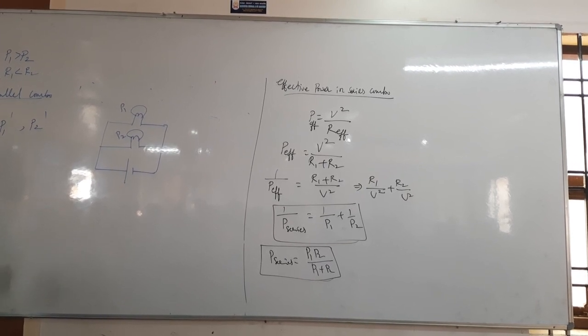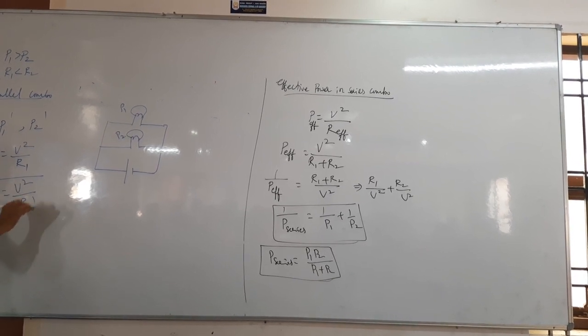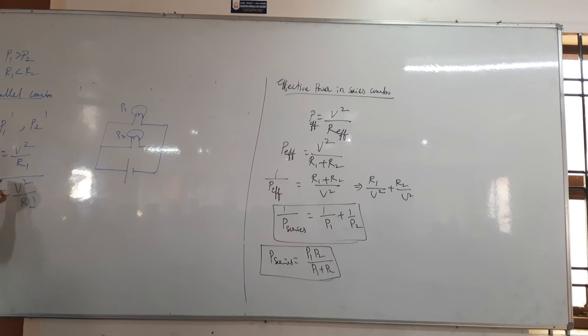In parallel combination, the voltage is the same, so P is equal to V square by R. P1 dash is equal to V square by R1, and P2 dash is equal to V square by R2. V square gets cancelled, so P1 dash by P2 dash is equal to R2 by R1.